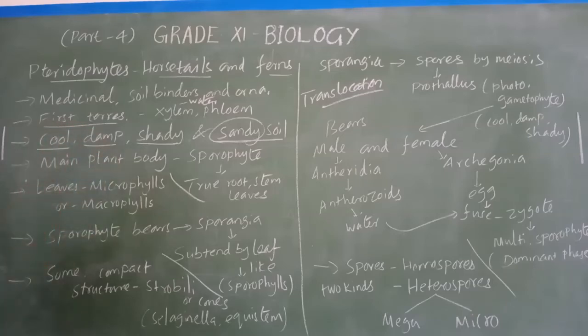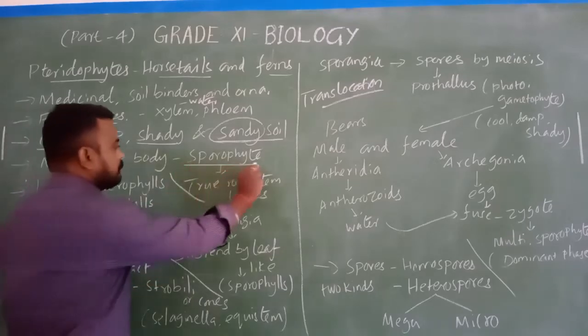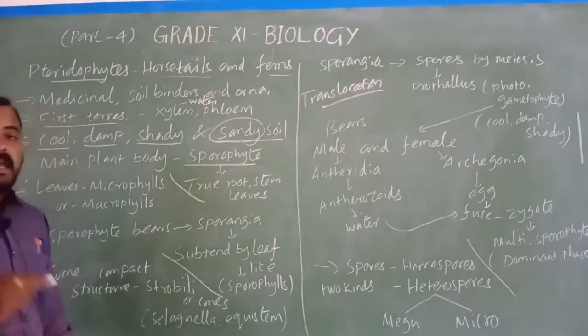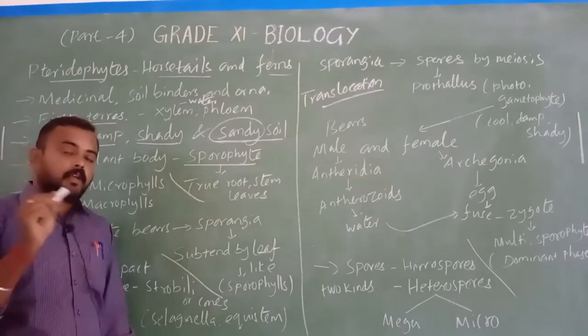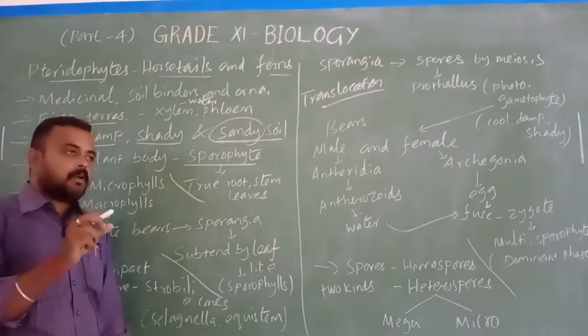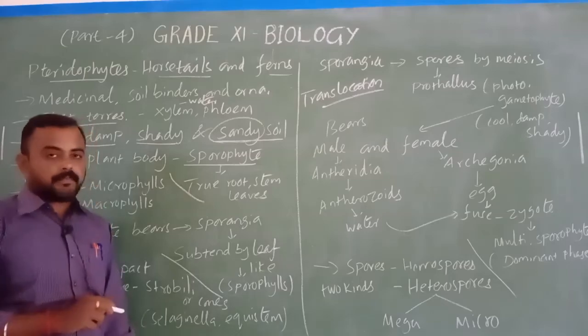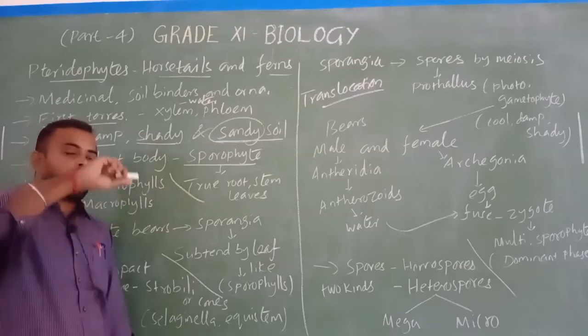The next one: the main plant body here is the sporophyte. But when you take bryophytes, the main plant body is the gametophyte, and from the gametophyte the sporophyte comes.